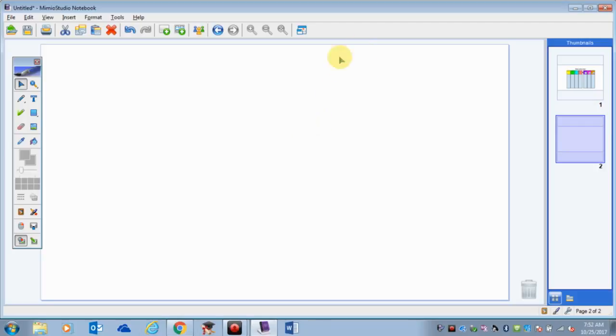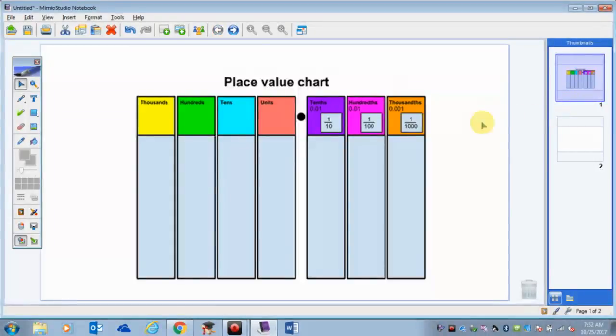So first thing that we're going to do is look over at a place value chart, because when you see a decimal written inside of this place value chart, it's pretty easy to change it into a fraction.